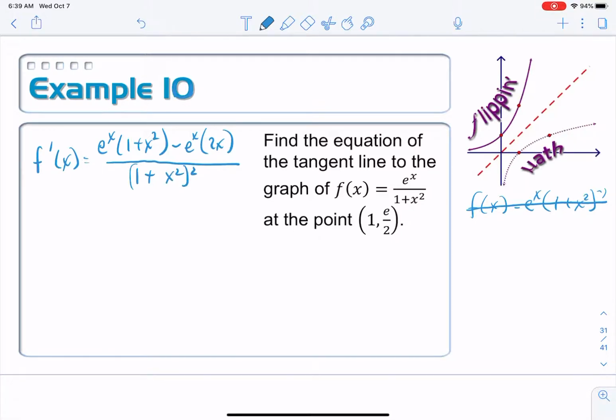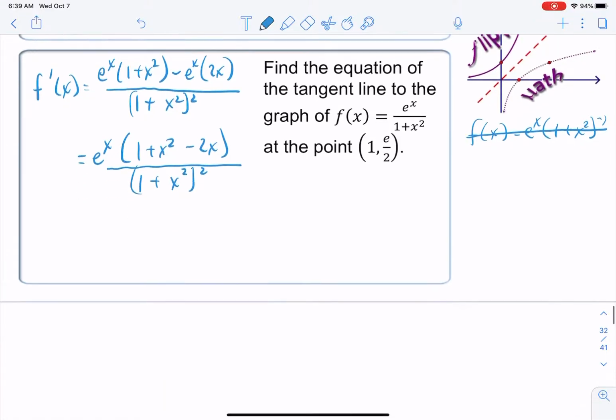Okay, maybe clean this thing up. Notice that there is a common factor across the top here, so I'm going to factor out this e to the x, and then clean up the rest of it. And 1 plus x squared minus 2x. I've got this feeling that the top doesn't factor in such a way that it's going to cancel anything out, but it'll look prettier.